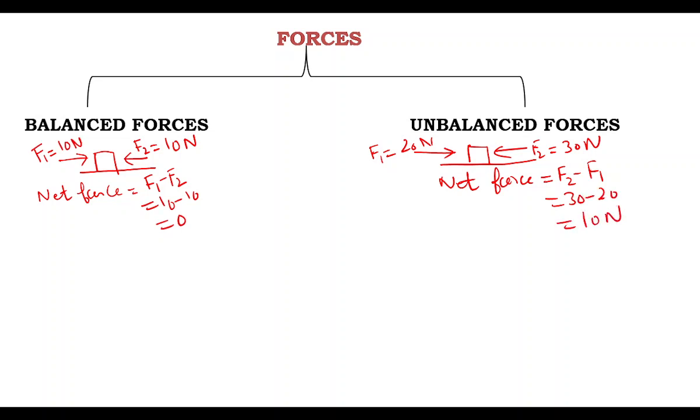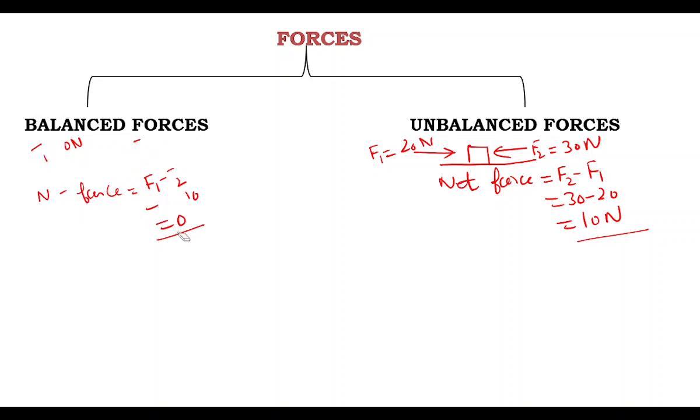Now you can see in these 2 cases, the net force in one case is 0, in one case it is not 0. So this is about balanced and unbalanced forces. When the net force is 0, then it is said to be balanced. When the net force is not 0, then it is said to be unbalanced.